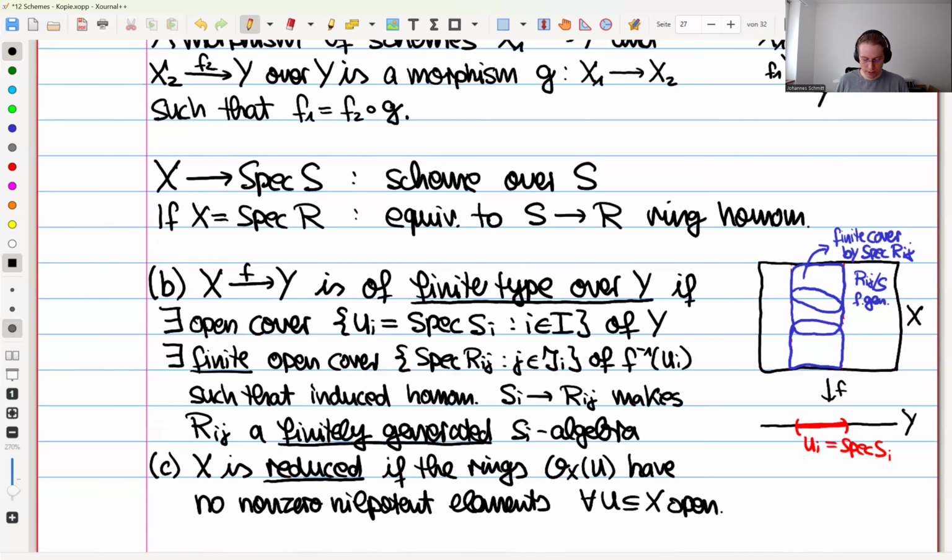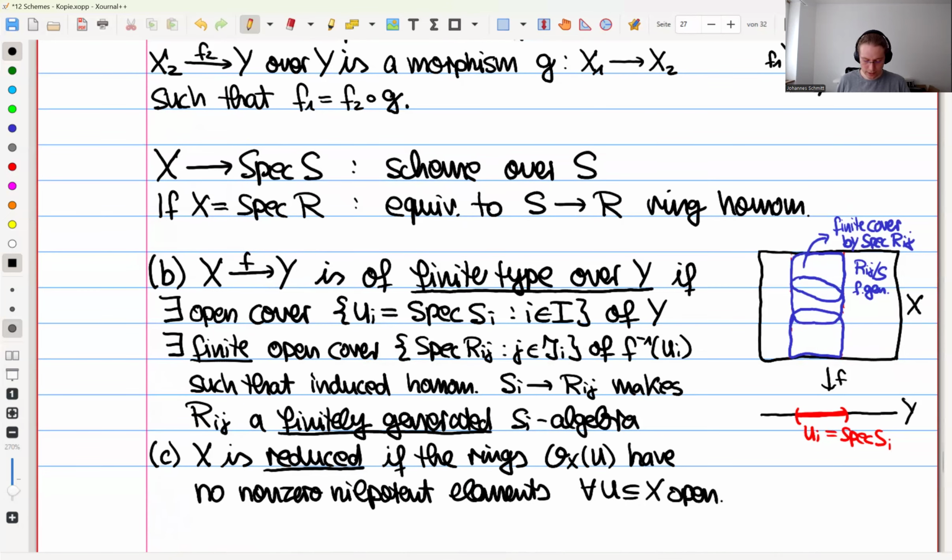So that was charmingly simple. We just ask that there's no nilpotent functions except for 0 on any open subset of X. So these were the three properties which we're going to see will allow us to characterize these pre-varieties.